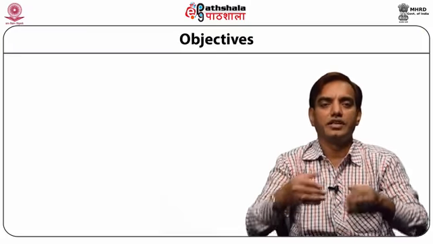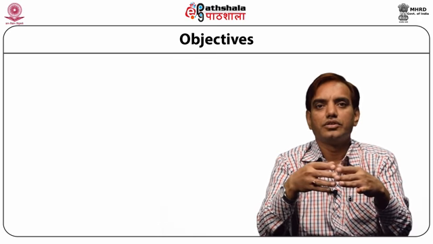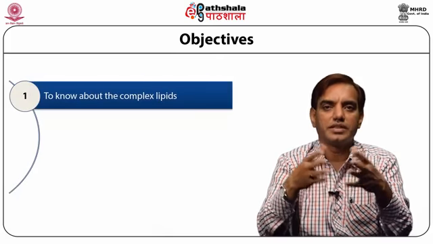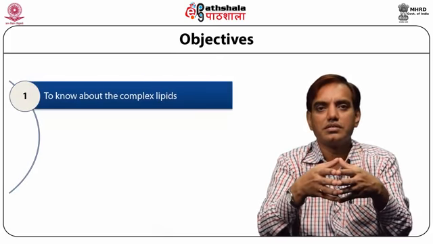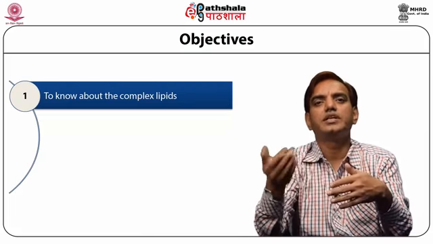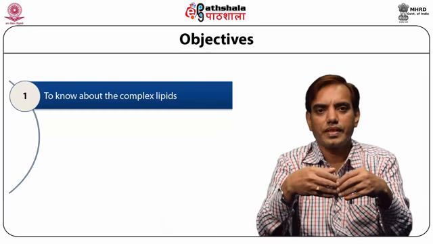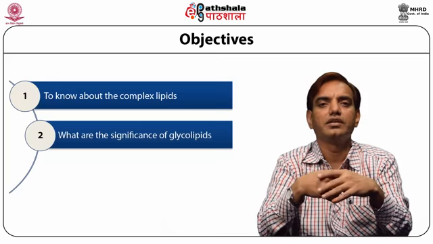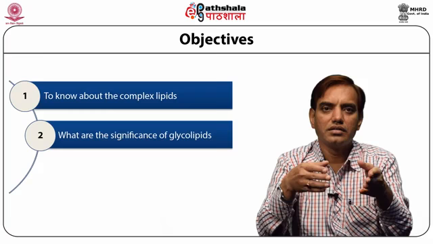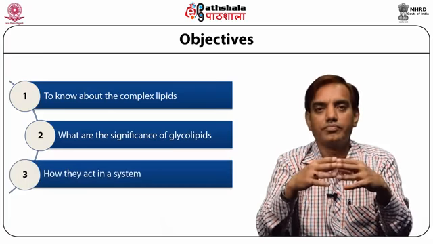The objectives of the schedule are to continue to know about the complexity of the lipids, the types of complex lipid present in the living organism, what the significance of the glycolipids is, and how they act in a system?